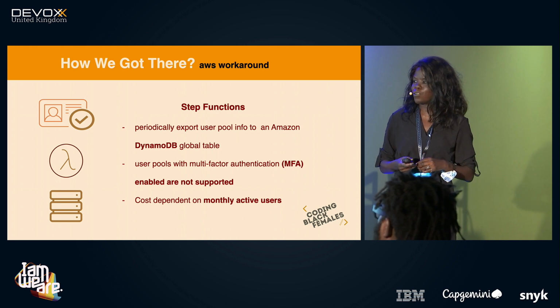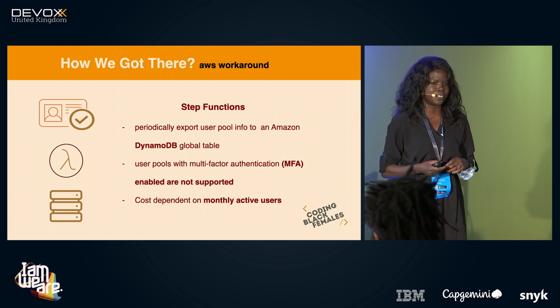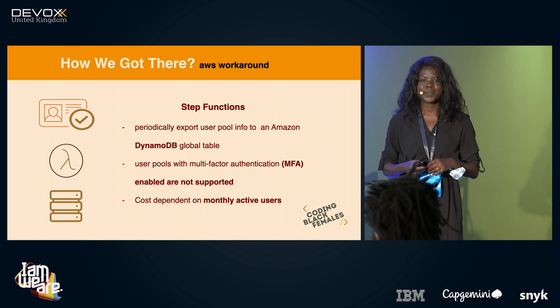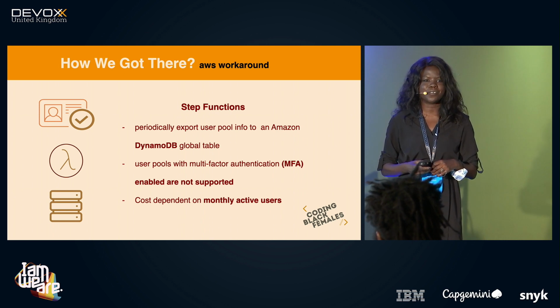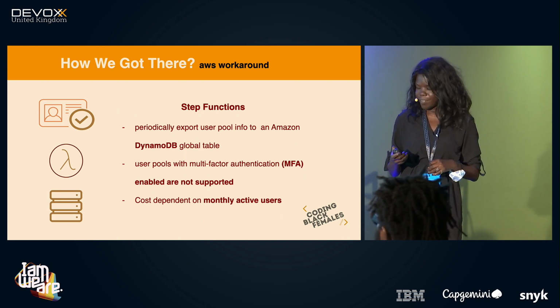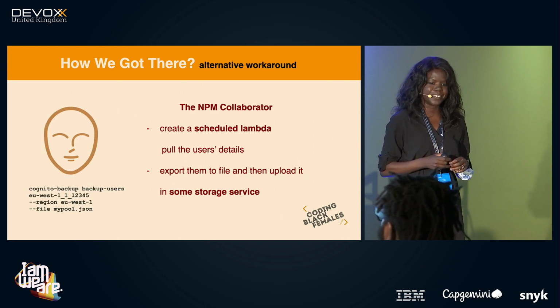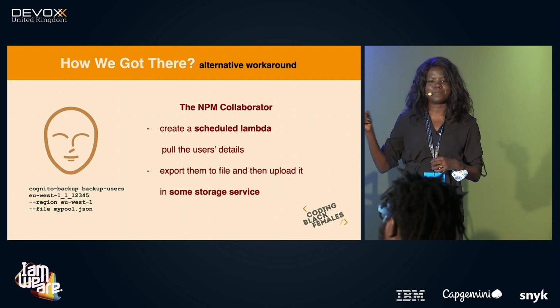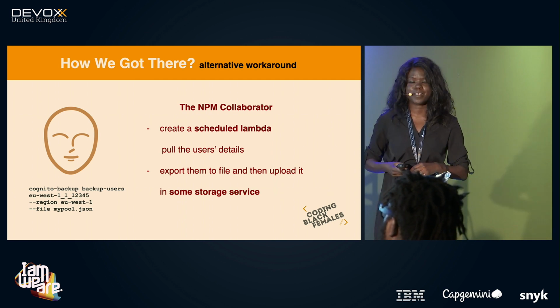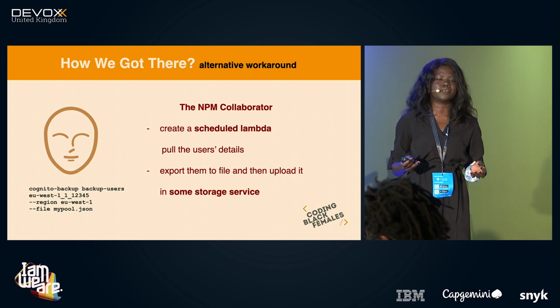It's also very dependent on your monthly active users. So given this is a log-in, log-out kind of area, your costs could rise significantly. However, you could always just use the work done by the NPM collaborator, because basically what you're doing is a cron job.